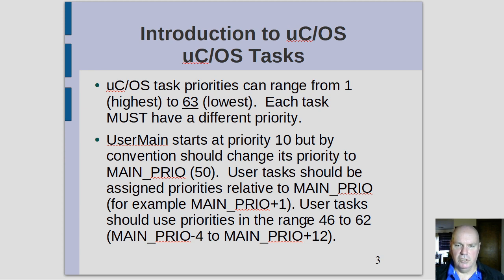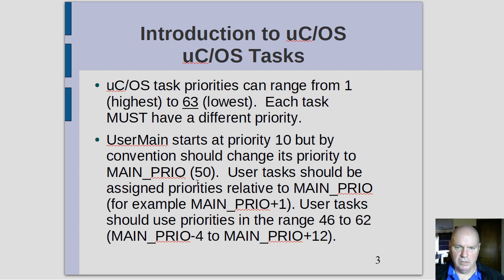User tasks should be in the range between 46 and 62. So that's roughly 16 different task priorities that are available. That's fewer than are available with RTEMS, but 16 tasks is certainly suitable for a lot of applications.